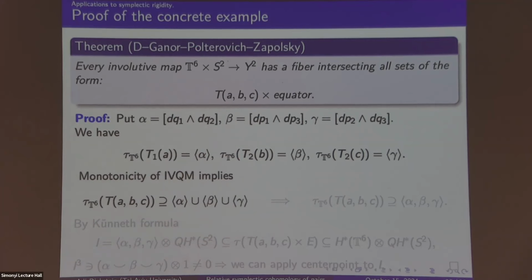So by the monotonicity of the quasi-measure, we know that the measure of T ABC contains the union of these measures. But since this is an ideal, it actually contains the ideal generated by alpha, beta, and gamma.